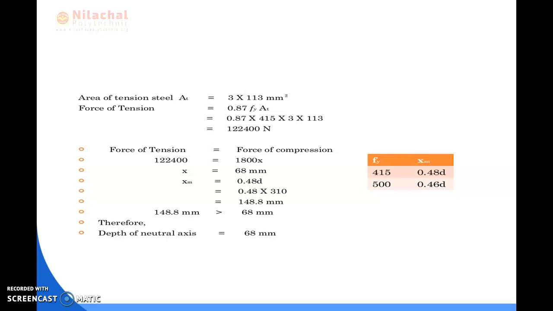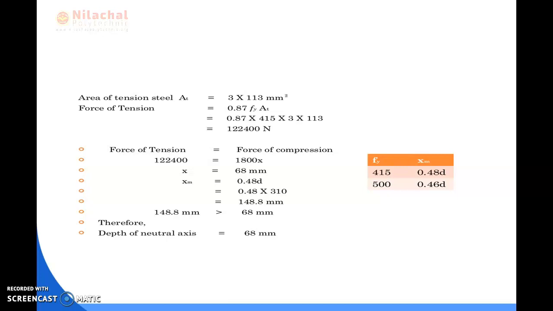The grades of steel provided are 415, 500, and also mild steel, which is 250. For the 415 grade, xm is 0.48 D, and for the 500 grade, xm is 0.46 D. Normally these two are used in calculations. These values are provided in this table and depend upon the depth of the section.